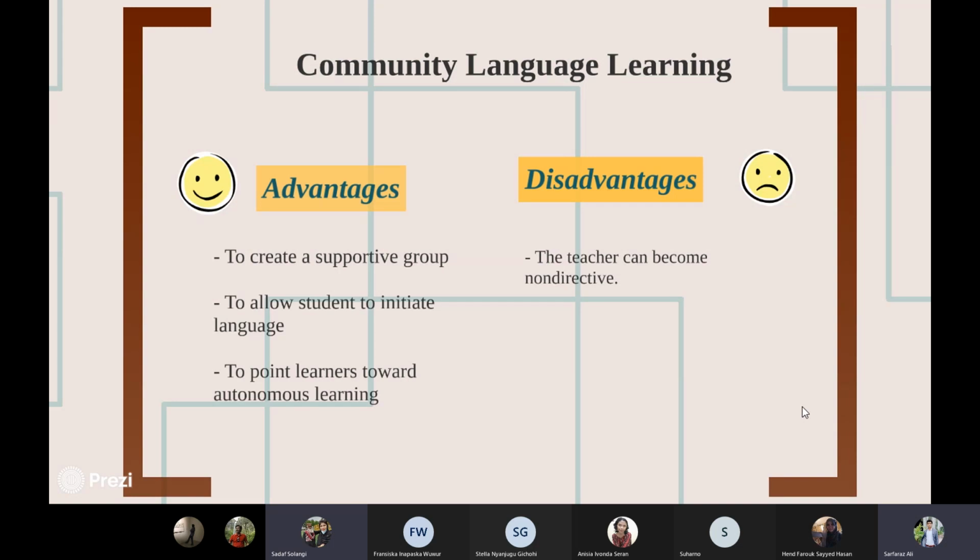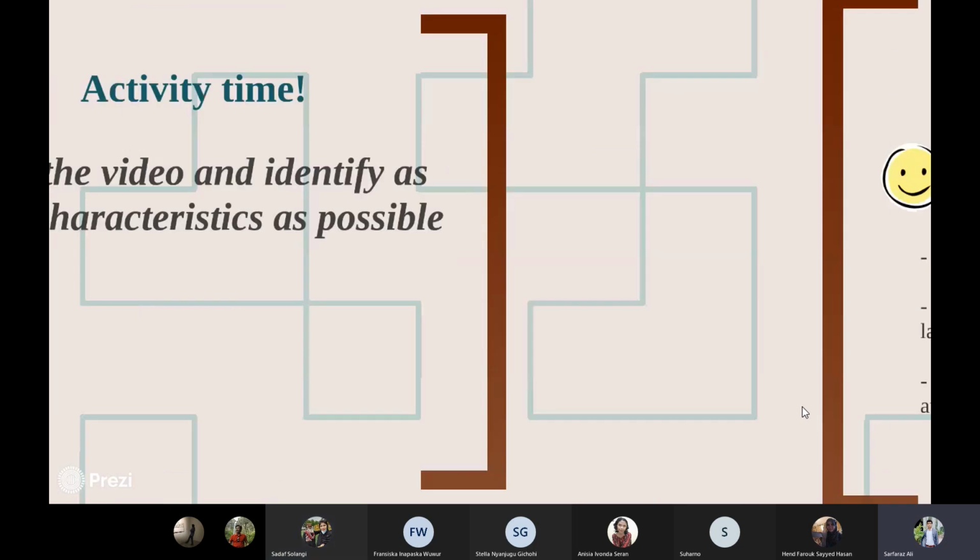They start speaking the language. And the third point is that it points out learning. Another point of the method is that the teacher can become non-directive.